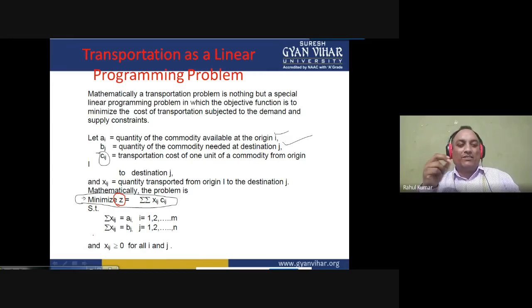Yes, i and j denote the origins and destinations also, and Xij is always greater than or equal to 0 for all i and j. You can easily understand the transportation as a linear programming problem.